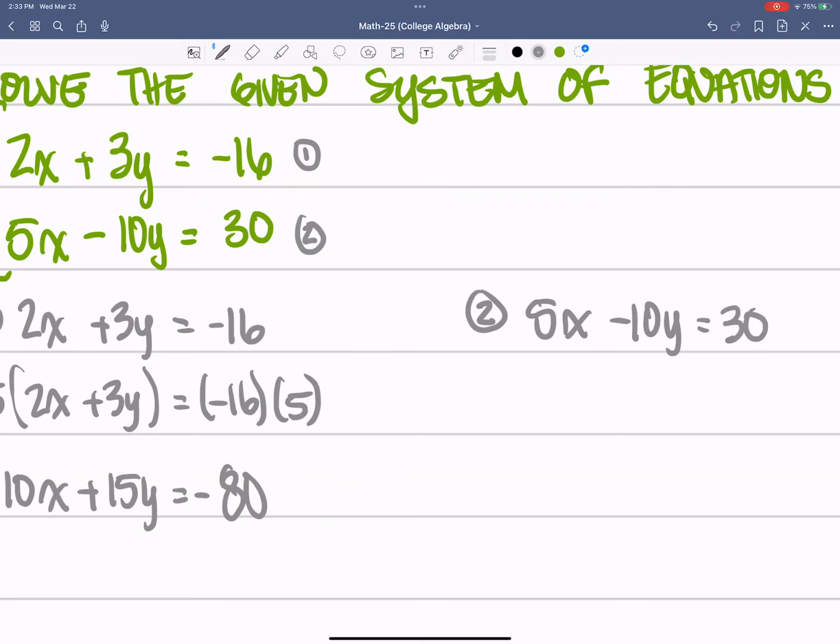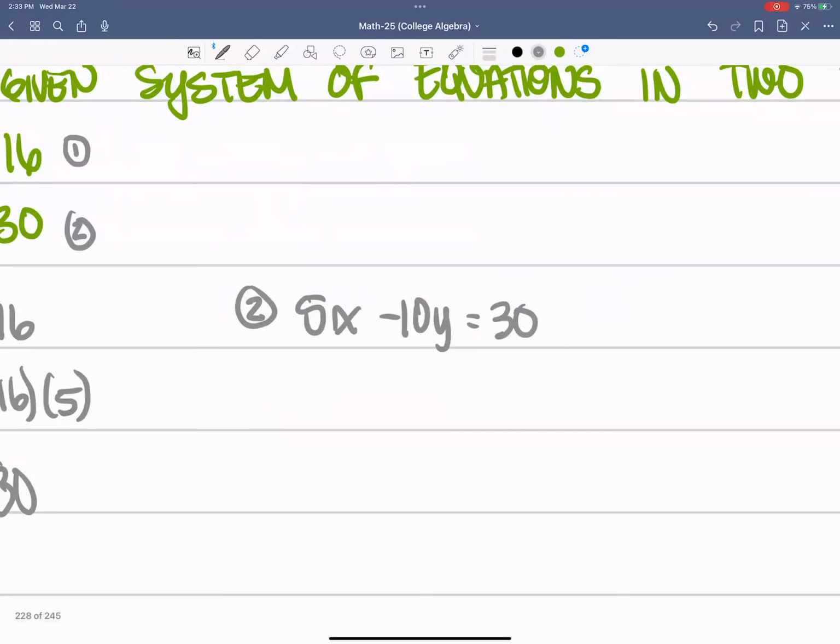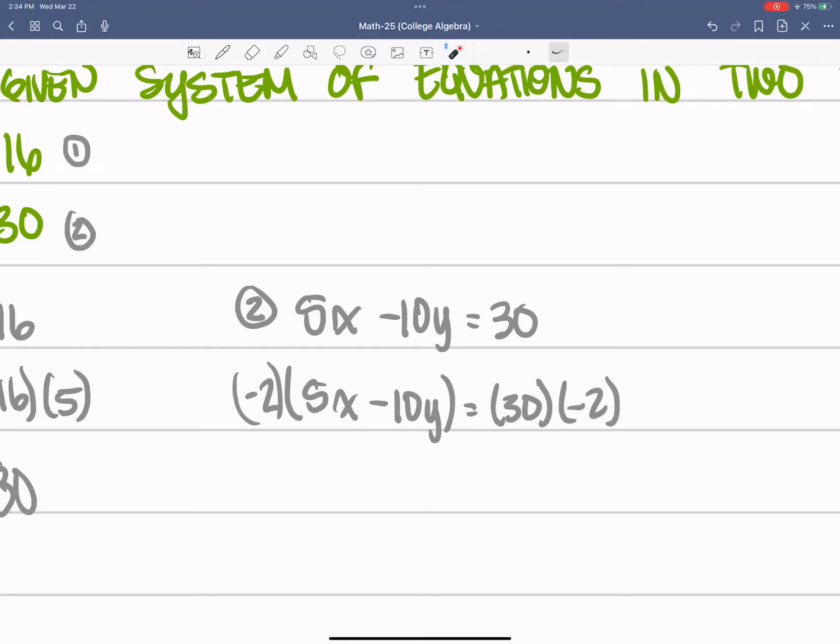We're multiplying this one by a negative 2. That 5x minus 10y is equal to 30 times negative 2. And we just distribute here. That's going to give us a negative 10x, positive 20y is equal to negative 60.